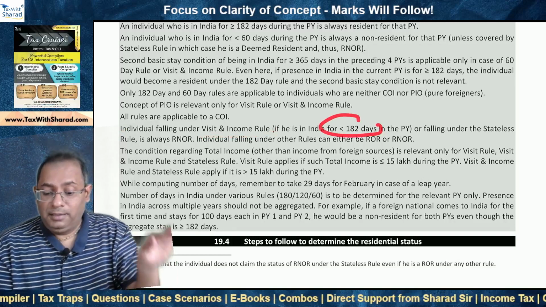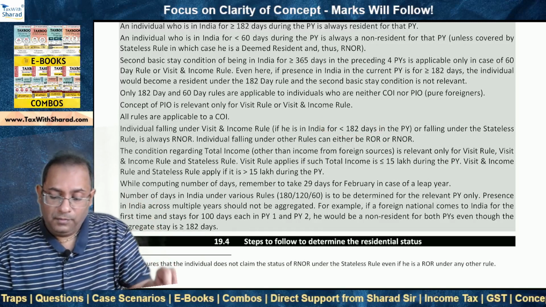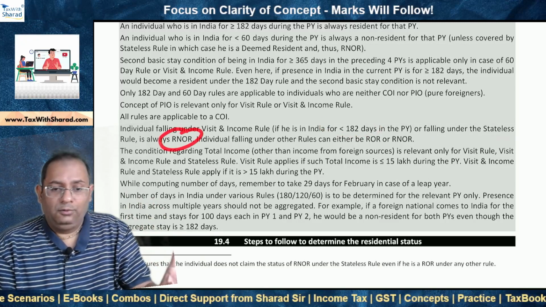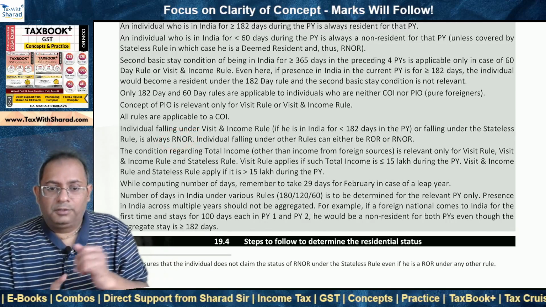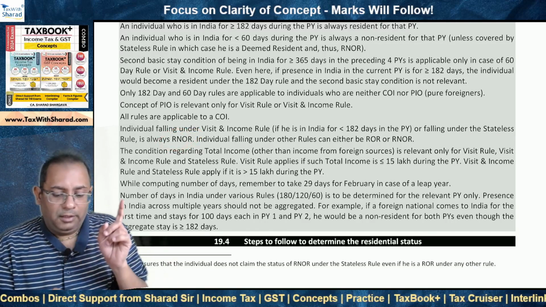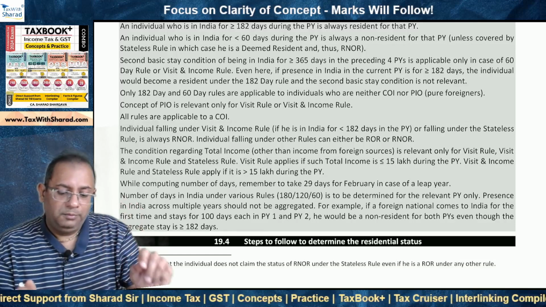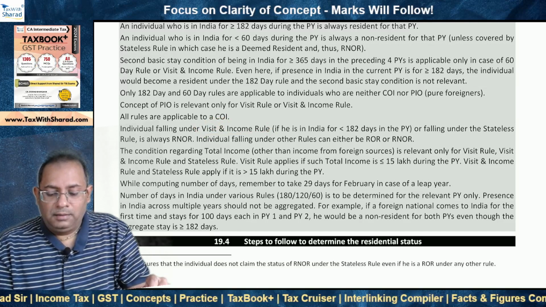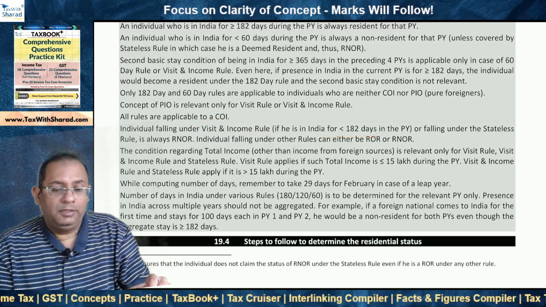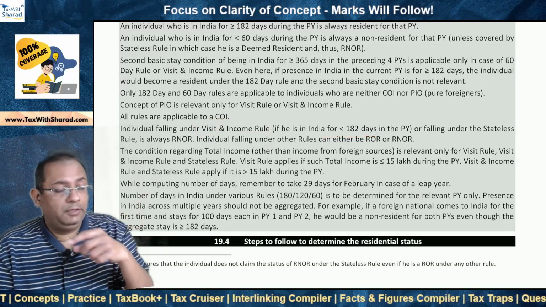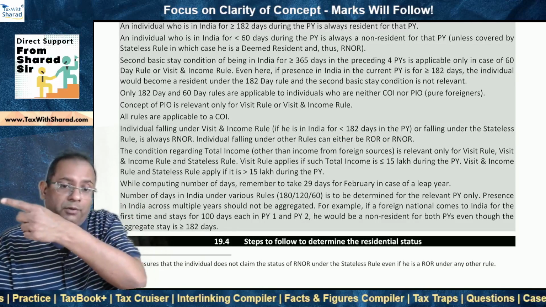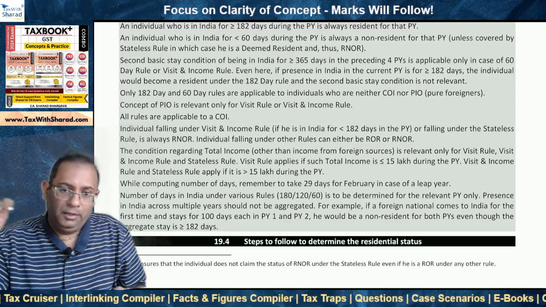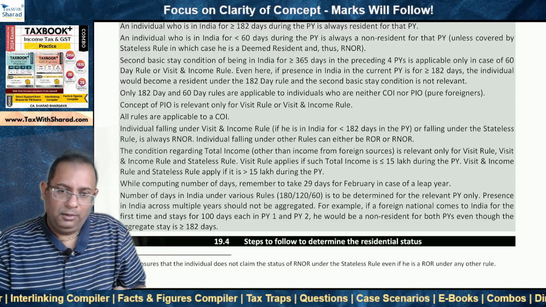Individual falling under the visit and income rule, if he is in India for less than 182 days in the previous year, or falling under the stateless rule, is always RNOR. So a person will always be RNOR. The person cannot be ROR in two situations. If the person is becoming a resident under visit and income rule, provided his stay in India is for less than 182 days in the previous year, because if it is 182 days or more, we move to the general 182-day rule, and there the person becomes a resident and consequently ROR or RNOR.